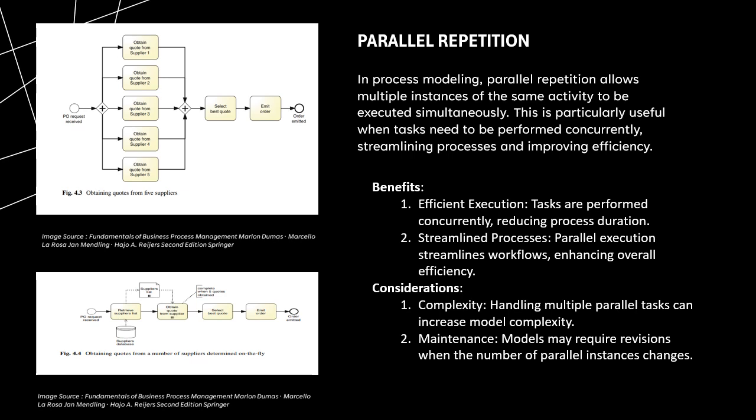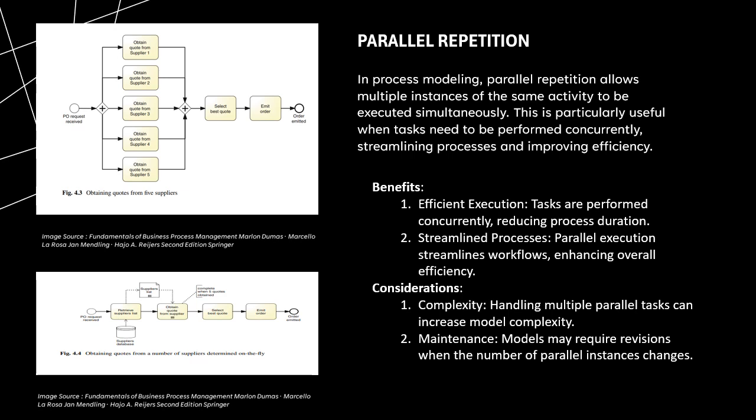Now in BPMN, we encounter parallel repetition, which is a crucial concept for scenarios where we need to execute multiple instances of the same activity simultaneously. So let's explore this with an example from procurement processes. Imagine we need quotes from multiple suppliers, evaluated to select the best quote for a purchase order.